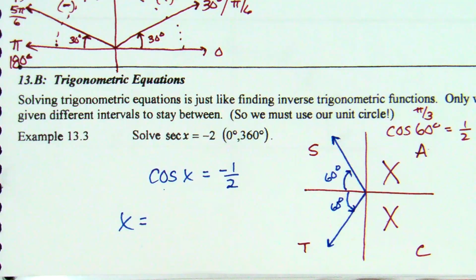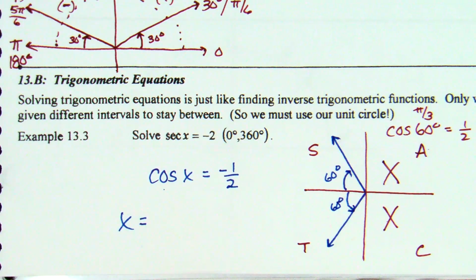And here's the nice part. Gotta love it. They gave me the range as 0 to 360. So what kind of answers are they expecting? Degrees. Take the easy route out. What are my answers? 120 and 240? I agree. 120 degrees, 240 degrees.